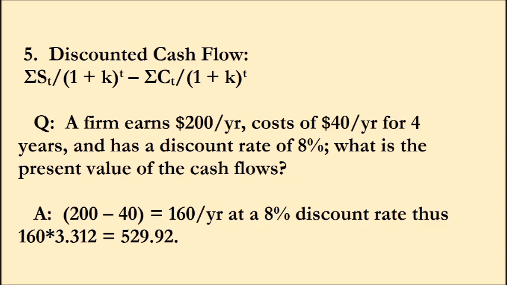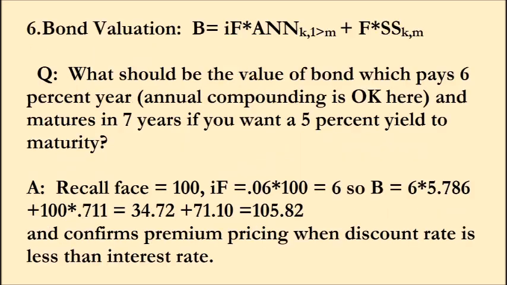Well, we'd first take the difference between the $200 of monies coming in and $40 of the monies going out, that's $160, and at 8%, we go to the table. Remember, this is a 4-year annuity. We get some $529.